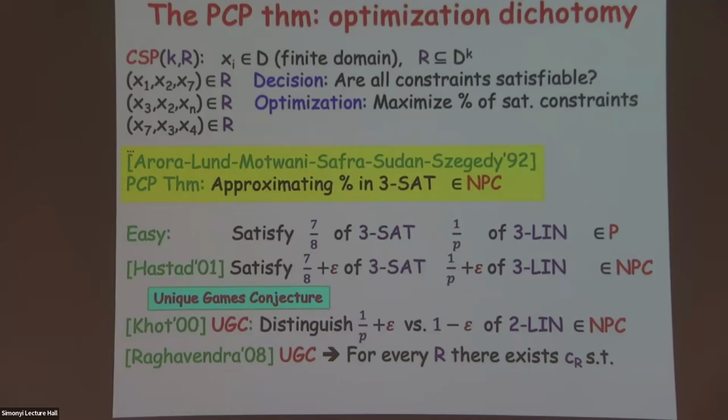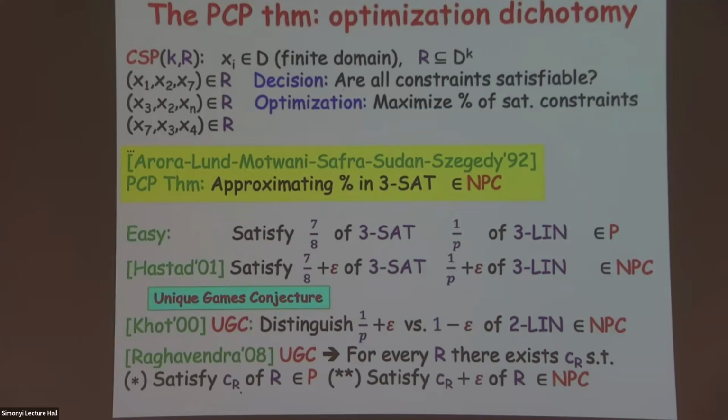Raghavendra showed that if this is true, then we understand the approximability and inapproximability of every optimization problem. Again, we are talking about constraint satisfaction problems. For any relation, there is a constant so that satisfying this constant fraction can be done in polynomial time, but doing any epsilon better is NP-complete.